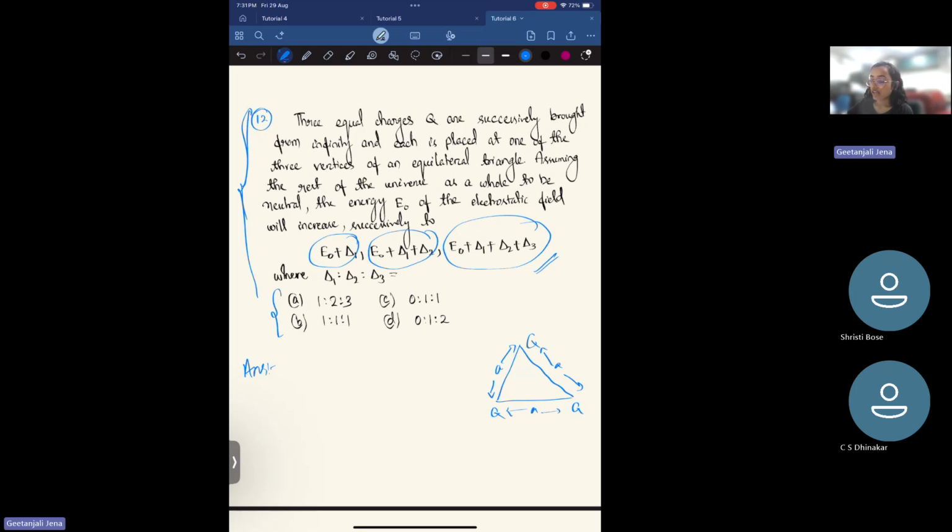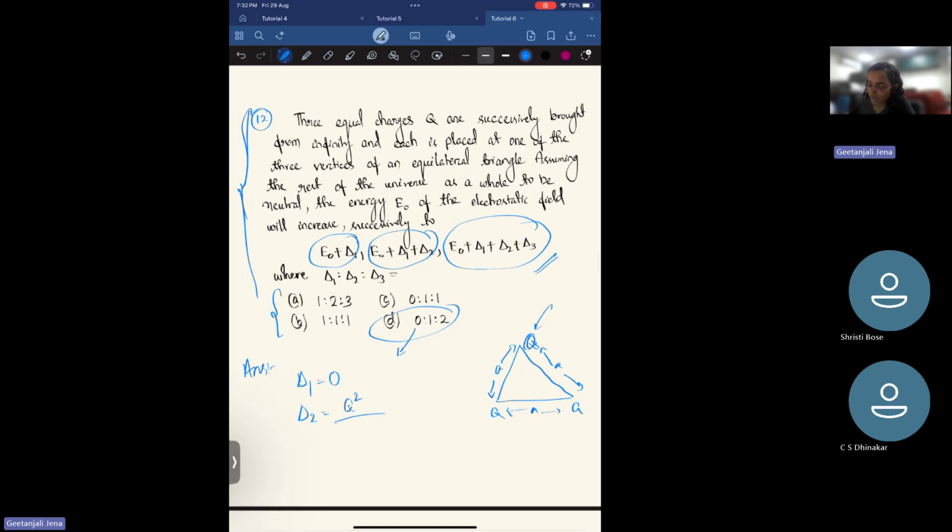Yes, you're correct. Option D is the correct one, because when you bring charge q from infinity, let's say this is the q charge you are bringing, there is no work required. So the work done for bringing the first charge q is zero. Now, when you bring the next charge, you need to do work against the charge that is already present, and the distance between them is a.